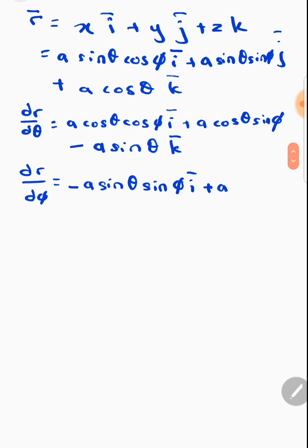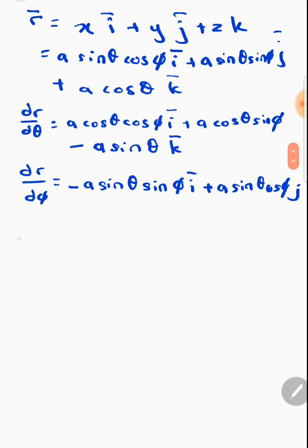Plus a sine theta cos phi j. And what about my k? Basically it would just be 0, because I do not have any component of phi here.